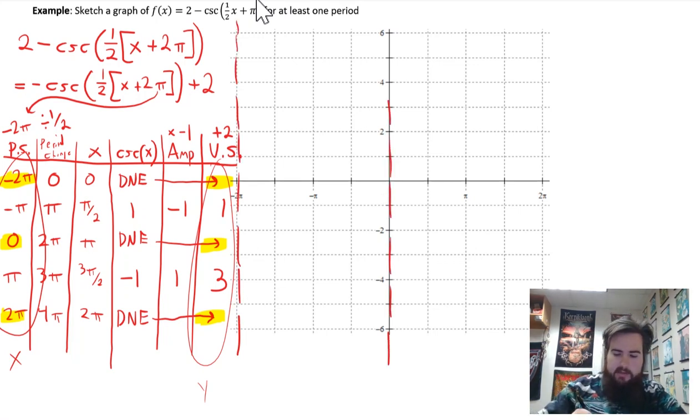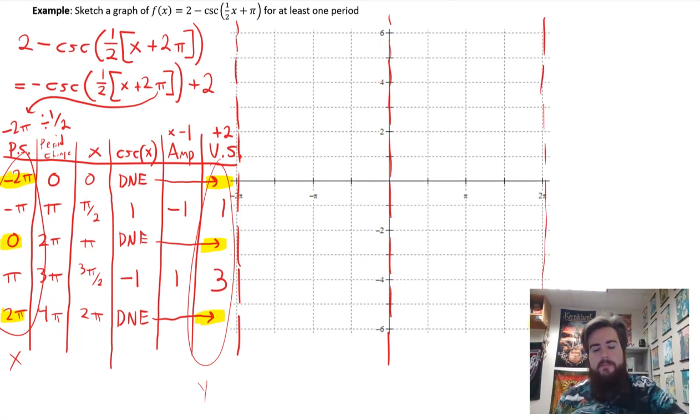I then also have coordinates at negative pi and positive 1. That would put me about here. And also at pi and positive 3 puts me about here.